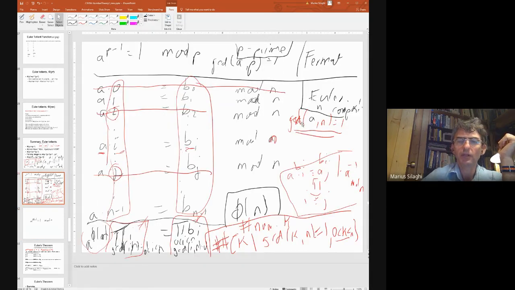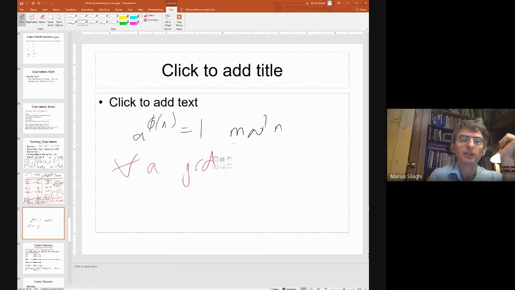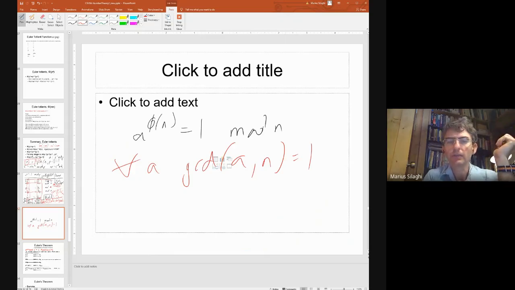And the condition was that a had to be relatively prime to n. That's the only requirement, for any a where the greatest common divisor of a and n was equal to 1. Okay, that was the only requirement.